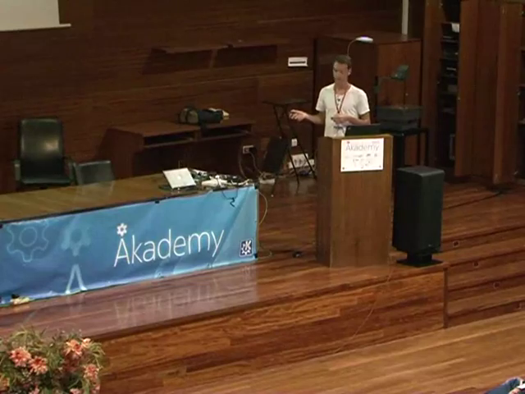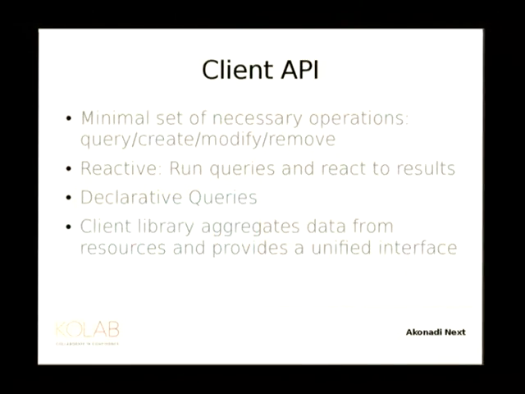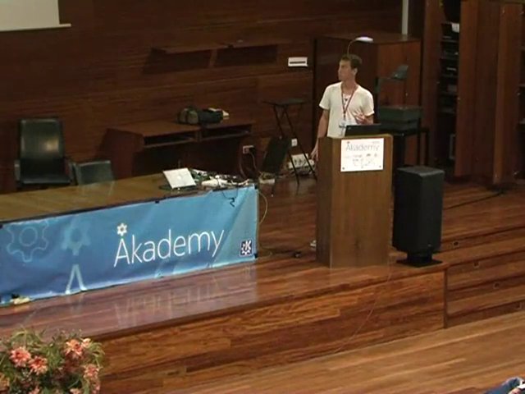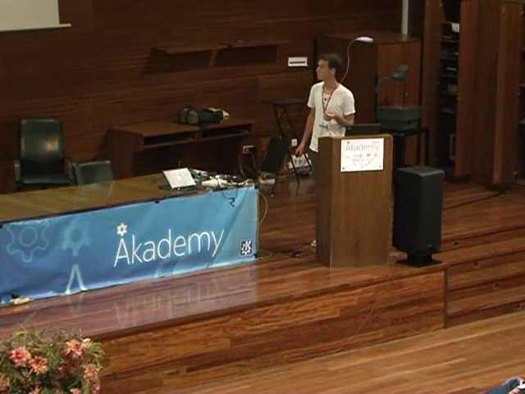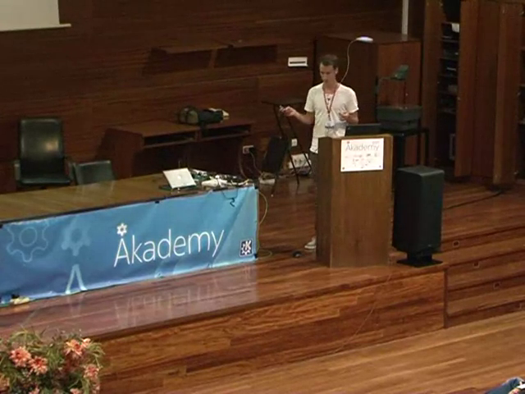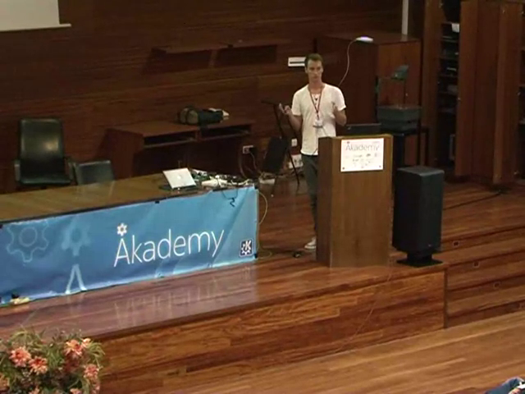So the client API has a minimal set of necessary operations: you can query for data, and you can create, modify, or remove entities, and that's it. So four calls, basically. The queries are reactive, so you specify what data you're interested in.